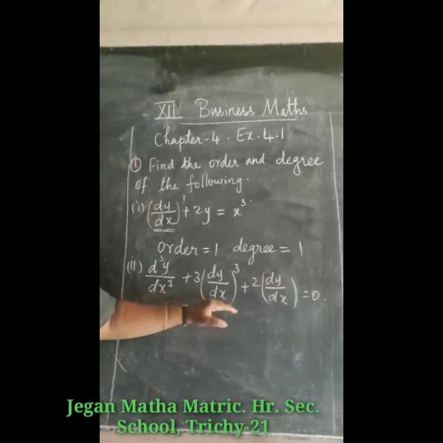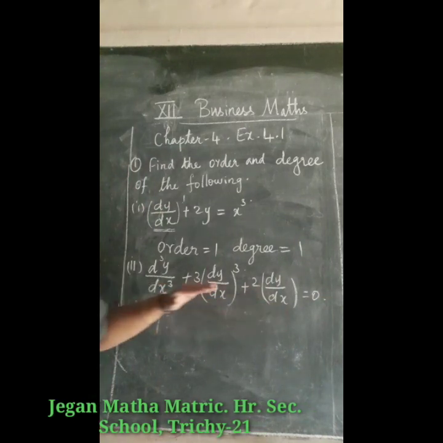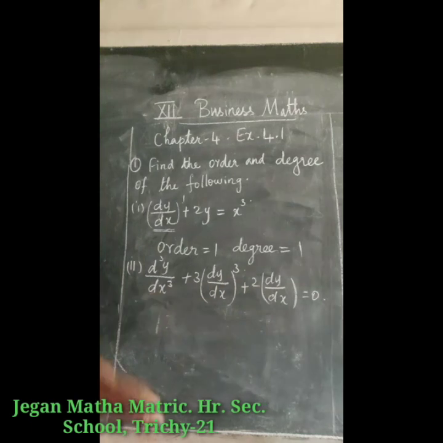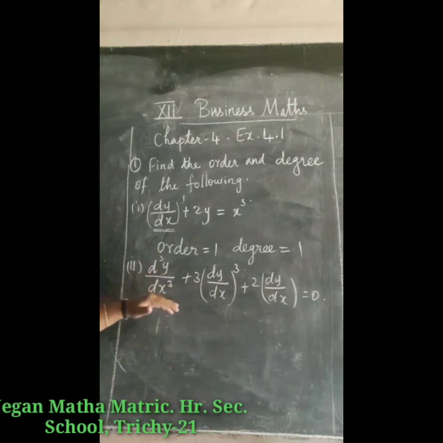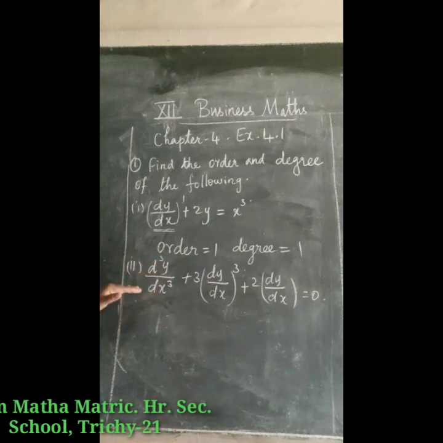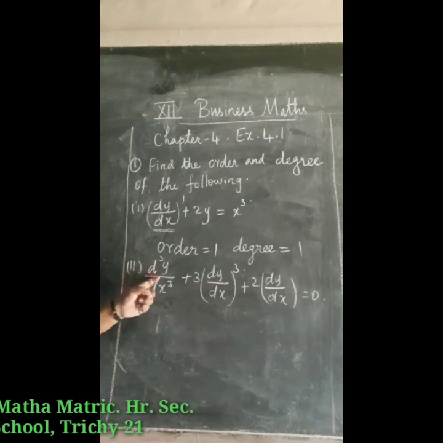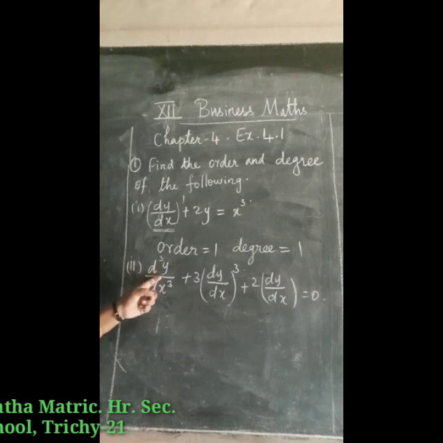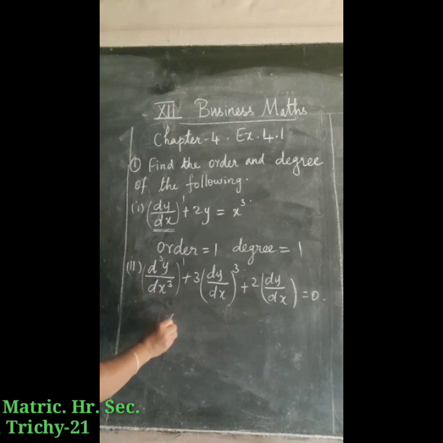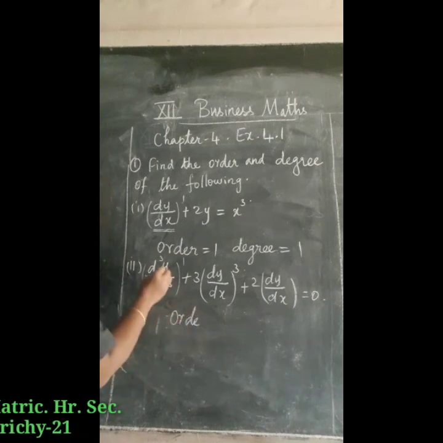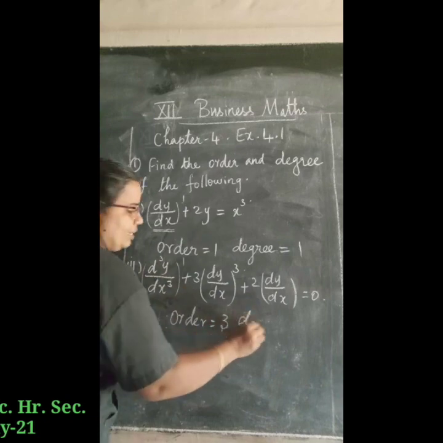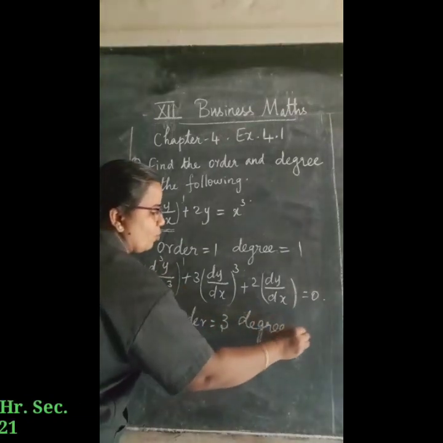This is dy by dx, this is also dy by dx, and this is d cube y by dx cube. So, d cube y by dx cube is the highest derivative, third order. And its power is 1. So, order is equal to 3 and degree is equal to 1.